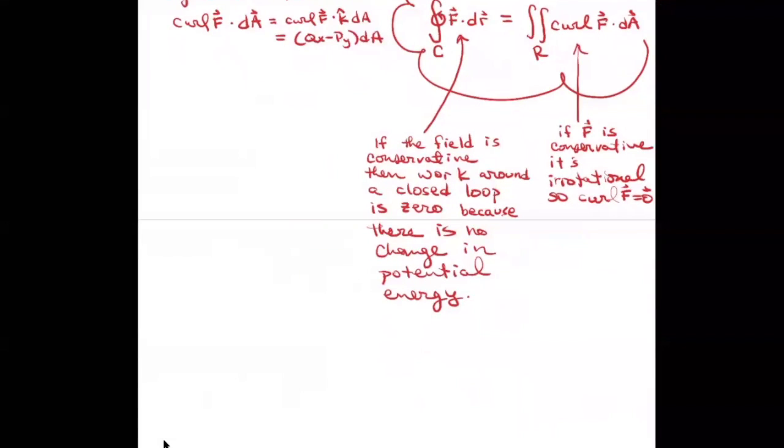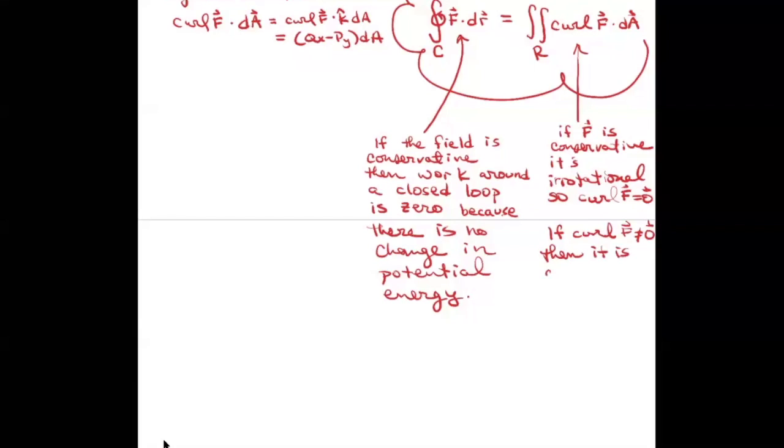So I'm going to add to this and say if the curl of the field isn't 0, then it is able to do work on objects to move them around closed loops.